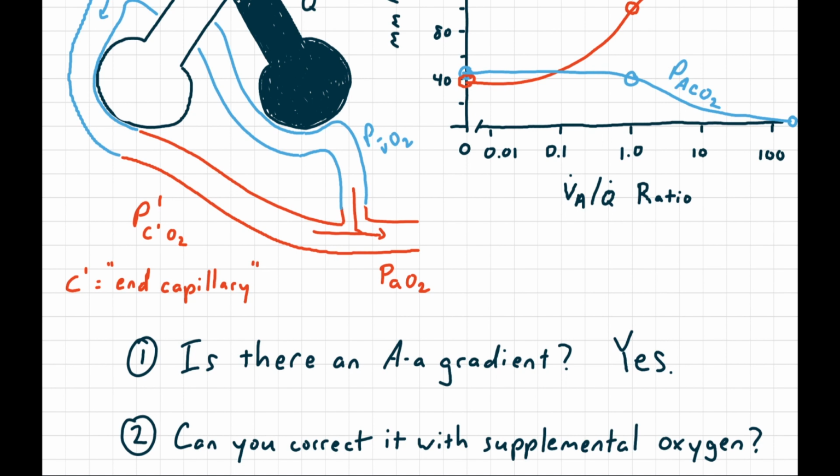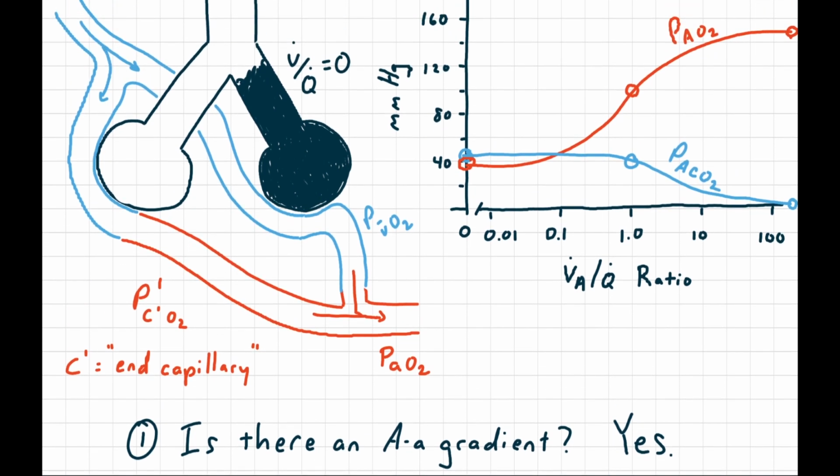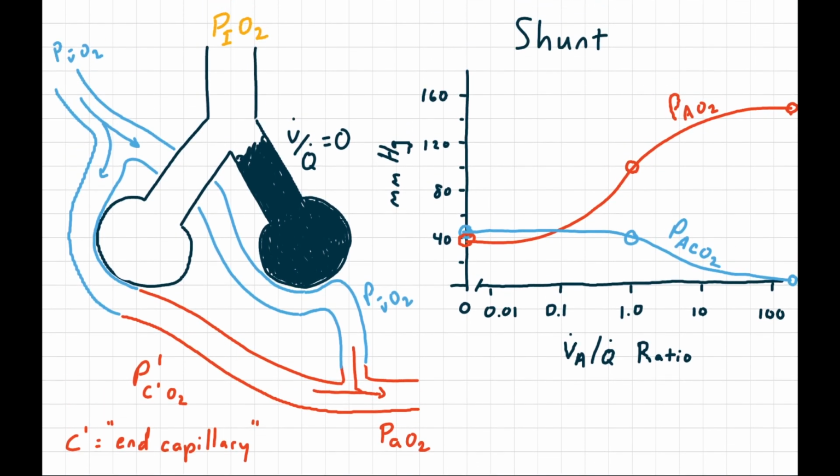Here, we have the difference between true shunt and VQ mismatch. Remember, in VQ mismatch, the reason that increasing inspired oxygen fraction improved hypoxemia is because it increases the alveolar oxygen partial pressure in low VQ segments. On this graph of partial pressure versus VQ ratio, that's represented by the red curve increasing much more rapidly.